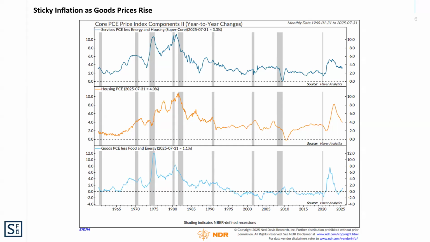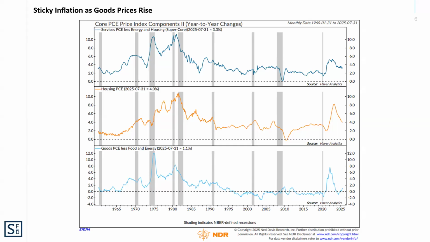And when you decompose that out, you can see here we're showing services PCE, which is the darker blue at the top. We're showing housing inflation in the middle, and goods inflation in the bottom clip. And you can see that housing inflation has been moderating. It's still running higher than pre-pandemic. And services inflation has been sticky, but also moderating some.